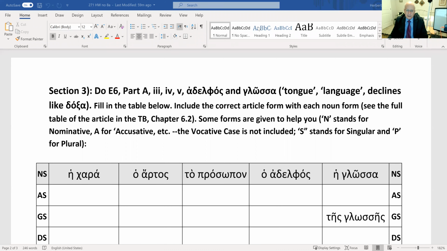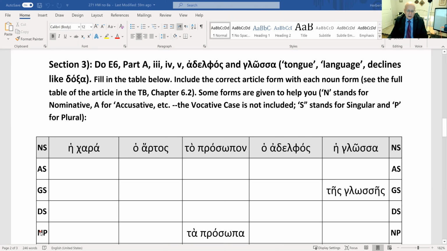So if we go back and share that screen with the 5 columns, section 3, what I ask you to do is to decline these words in the nominative singular, accusative singular, genitive singular, dative singular, and nominative plural, and so forth. And notice that I put in a few of them for you just to make it easier.